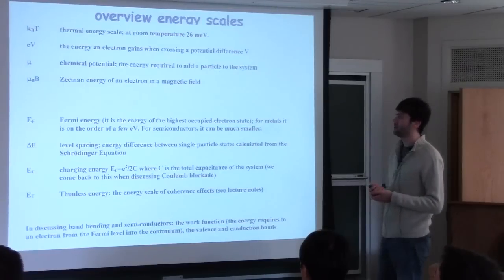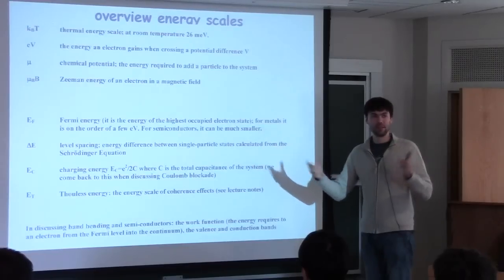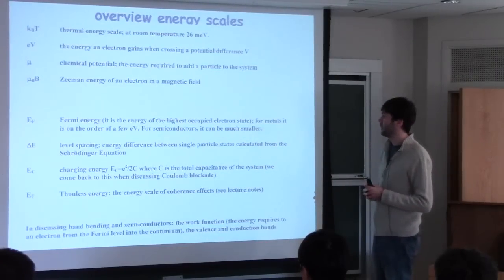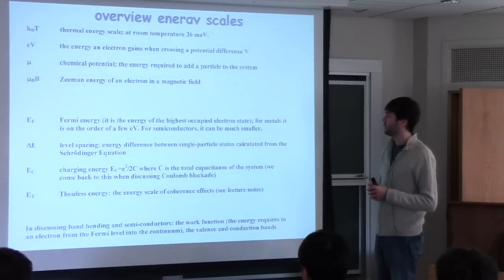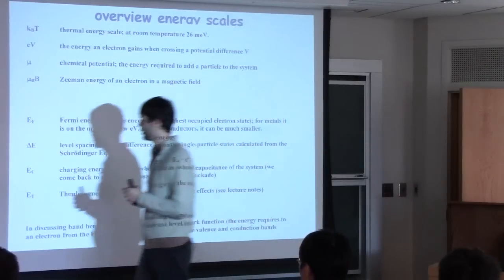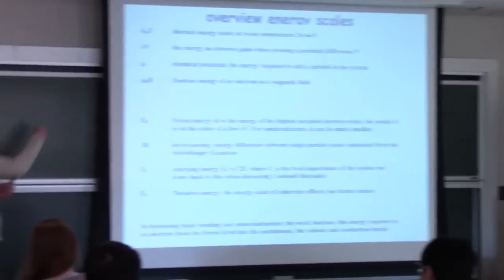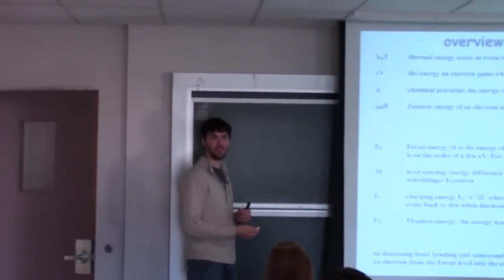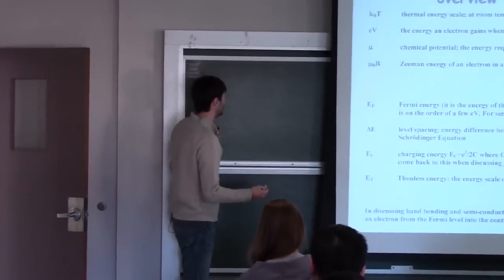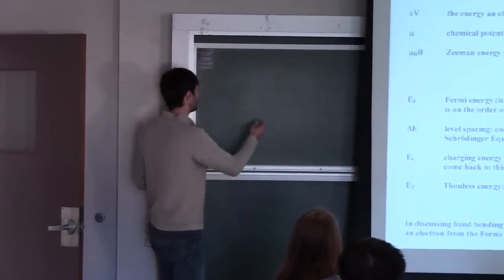So this is a kitchen sink of energy scales, but I think it outlines the important processes that can be happening in a quantum system. So let me draw a sketch where I will try to use most of these things in one picture to illustrate how they come in graphically.